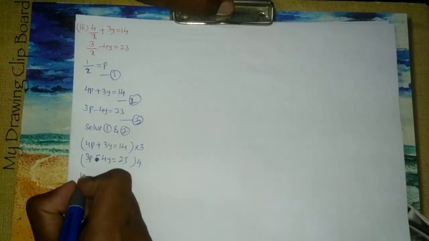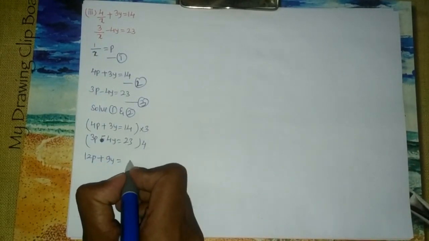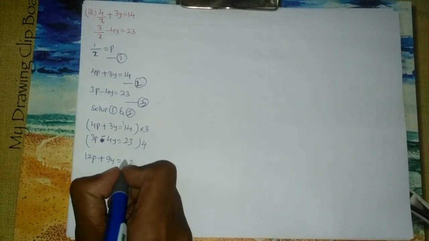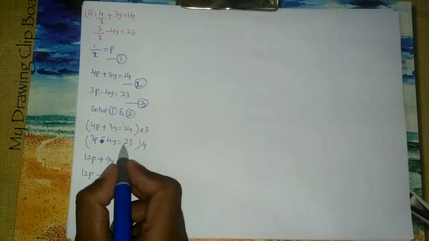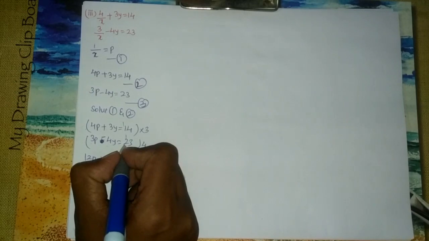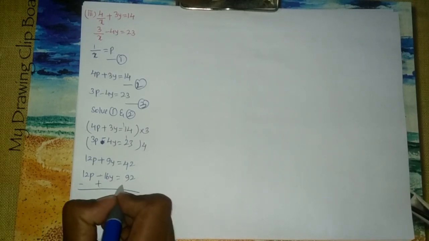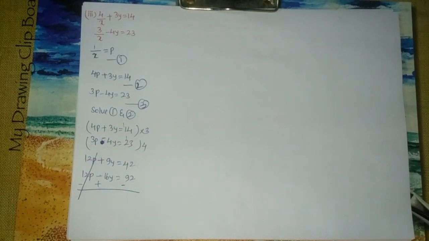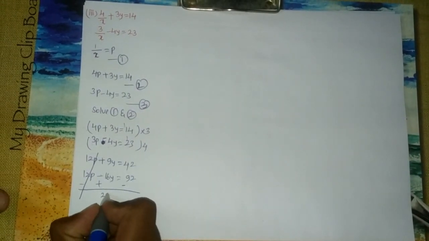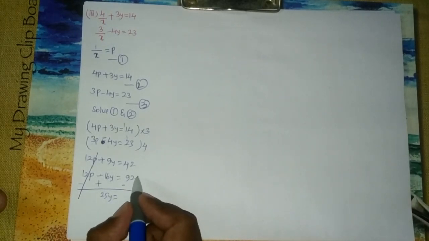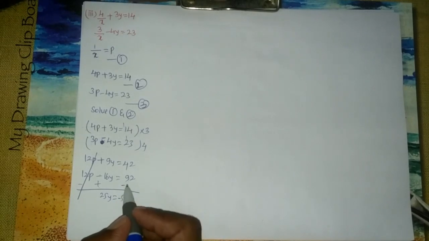So I will get 3 into 4 is 12p plus 3 into 3 is 9y equals 14 into 3, 42, and this will be 12p minus 4 into 4 is 16y equals 23 into 4, which is 92. Subtracting, minus means plus, so 12p will get cancelled. 9y plus 16y is 25y equals minus 92 plus 42, that is minus 50, because the sign of the greater value is taken.